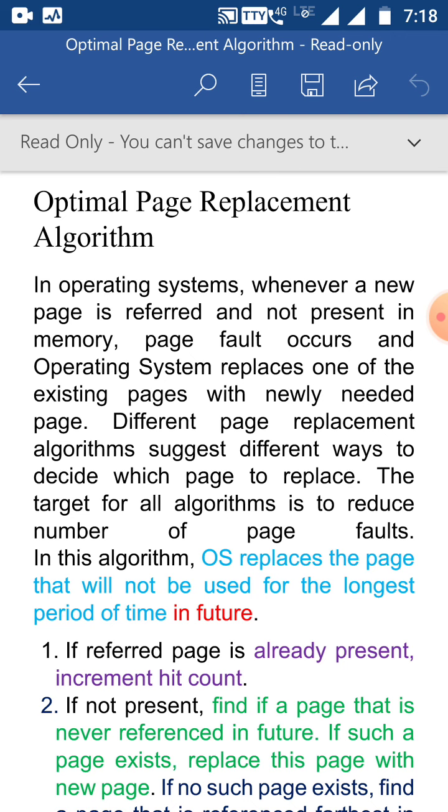So there are so many allocation algorithms: single contiguous allocation, partitioned allocation, paged allocation. Next, the demand paged memory management technique.